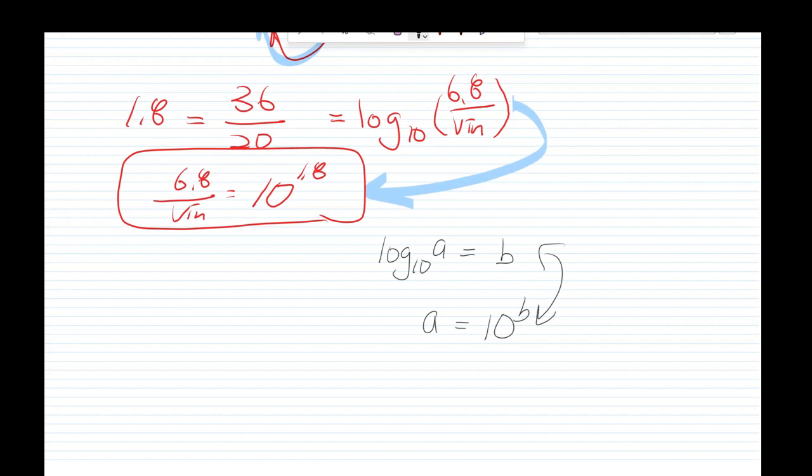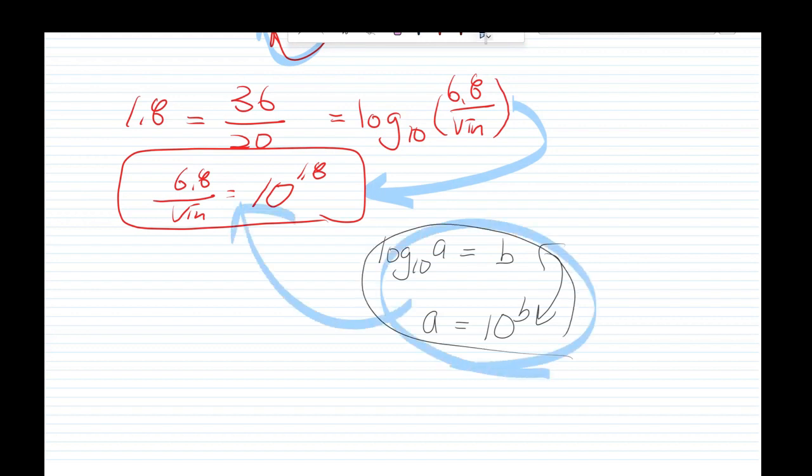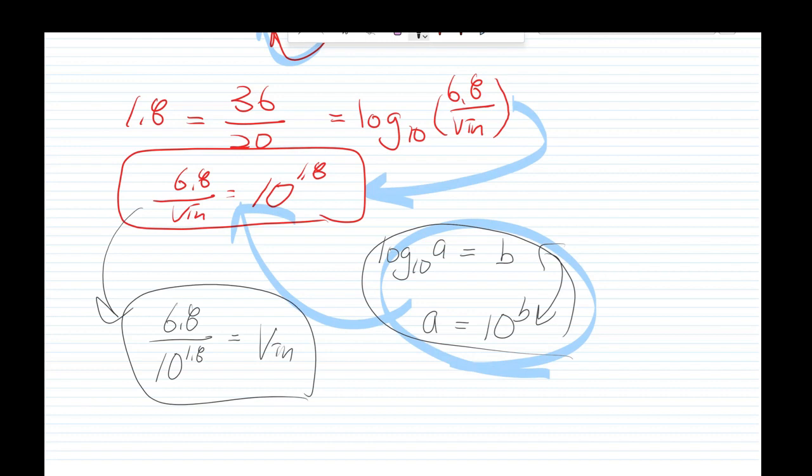The logarithm: A is equal to what, 10 to B. So this is why you divide 6.8 by 10 to 1.8, that was the V sub in, the last step here.